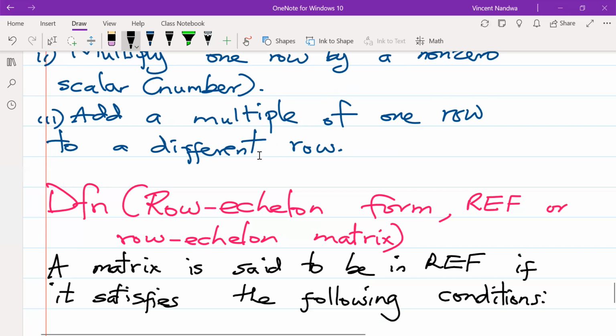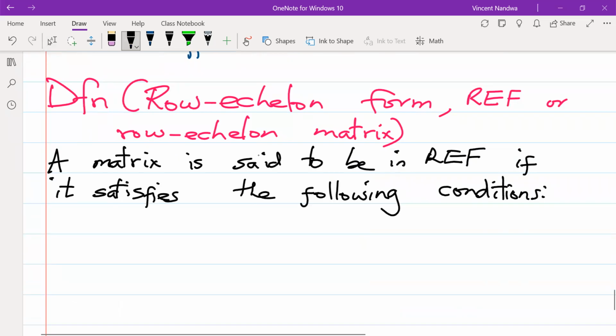Any matrix that satisfies these conditions that you are going to state is said to be in row echelon form.